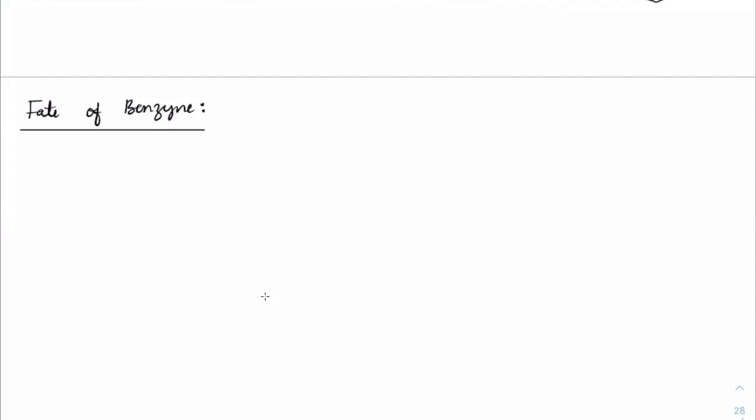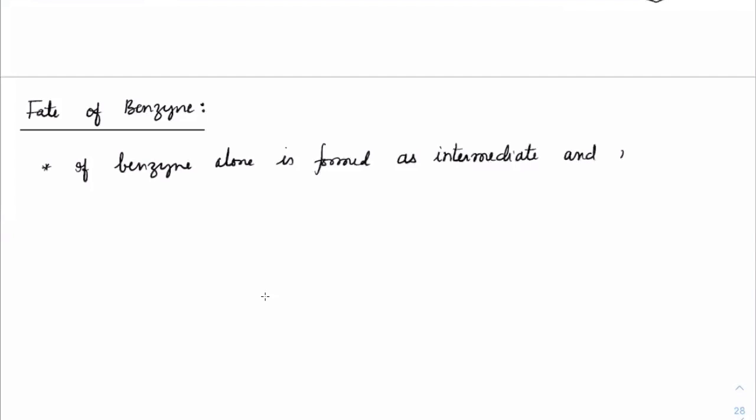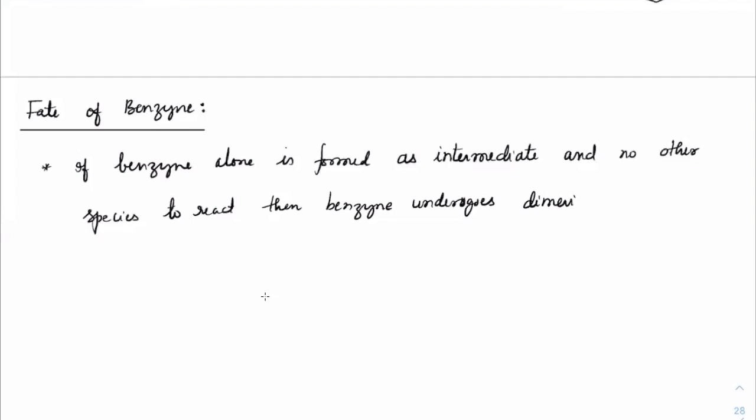So unless there is anything to react, if benzyne alone is formed as an intermediate, and no other species to react, then benzyne undergoes dimerization. It will undergo dimerization. Okay.